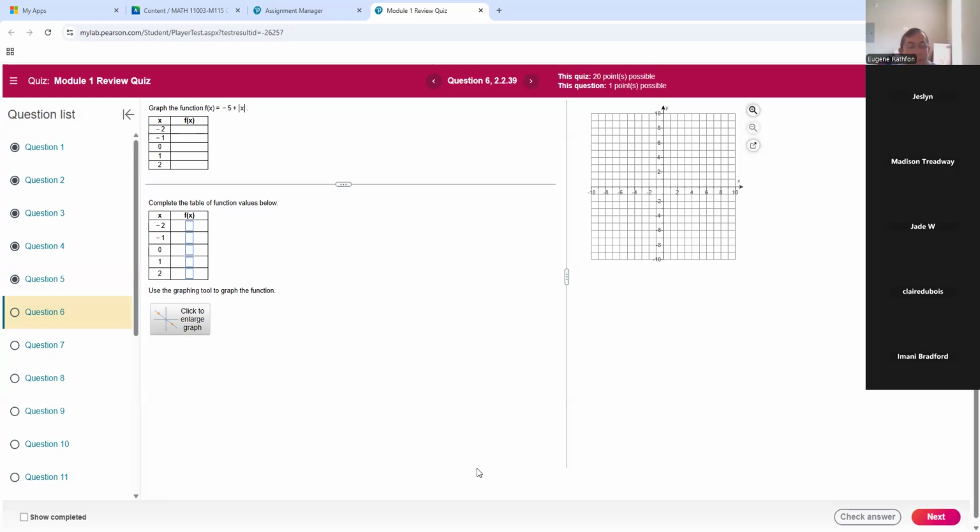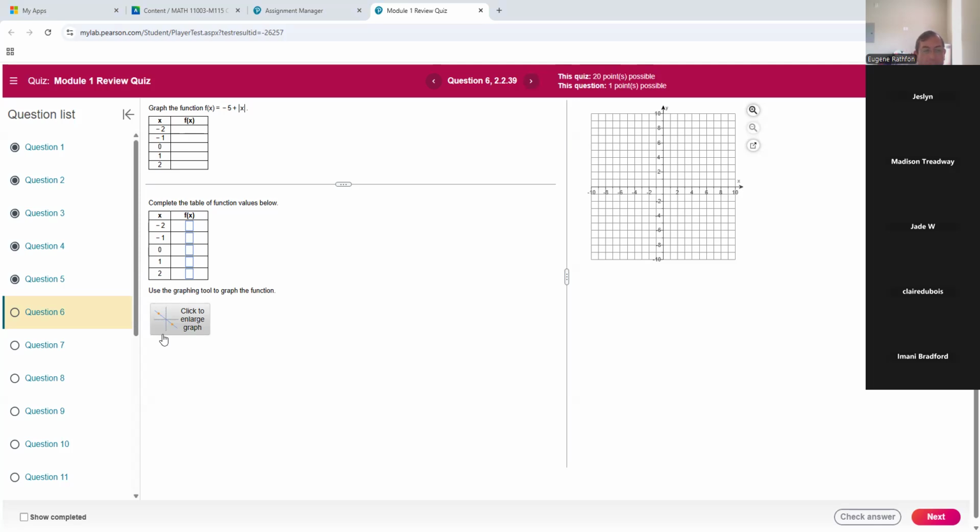All right, this one is an absolute value: f of x equals -5 plus absolute value of x. So let me see what they're giving me for these points: -2, -1, 0, 1, and 2.